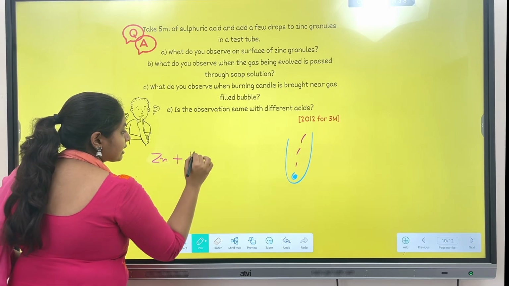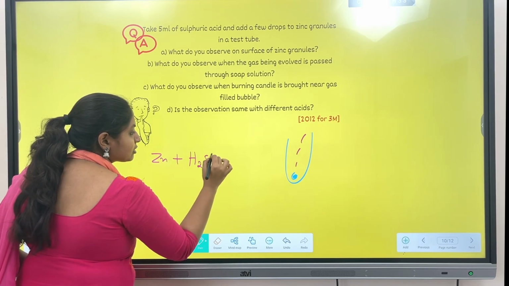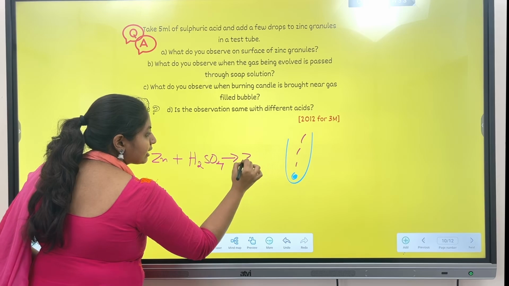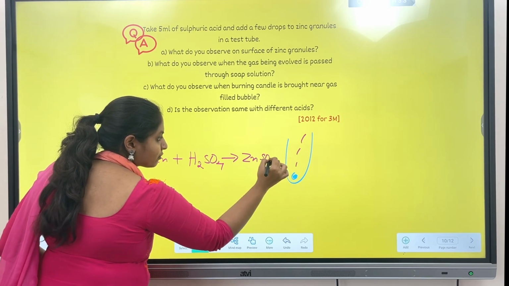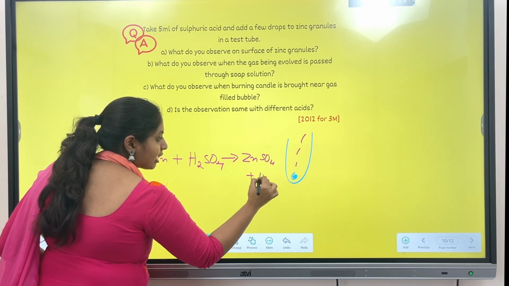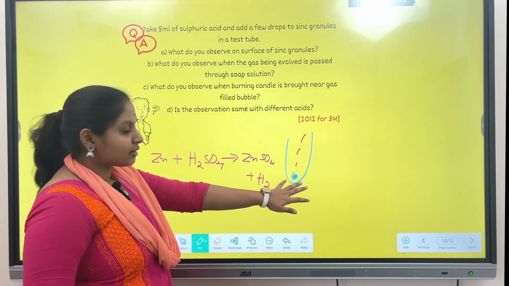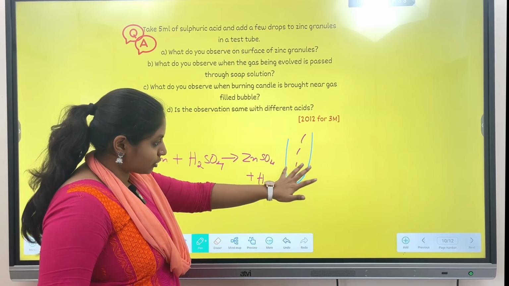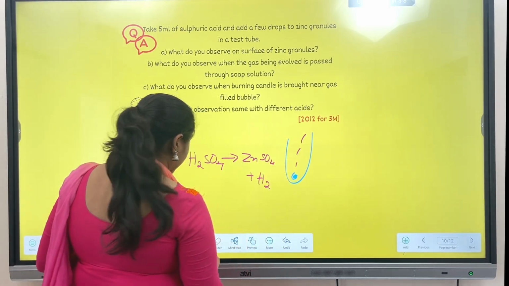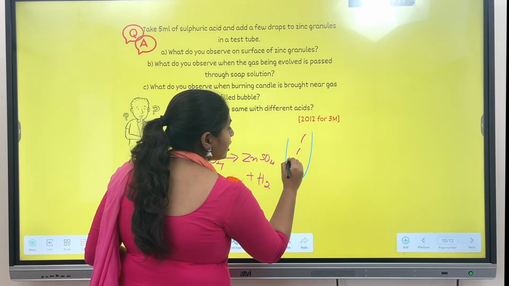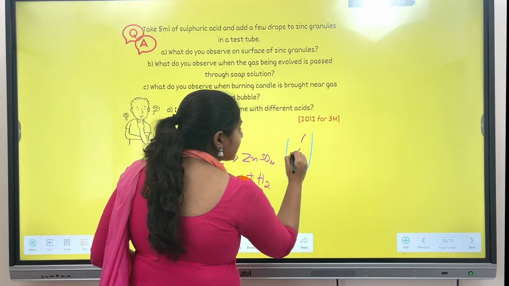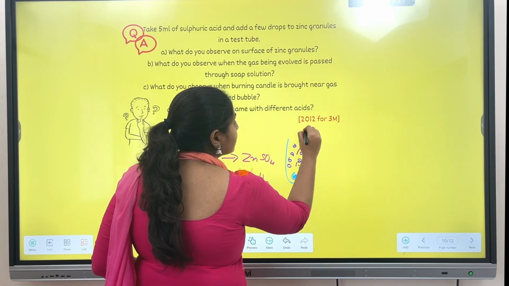Zinc reacts with H2SO4. We will get a salt ZnSO4 plus hydrogen gas. So here also, when acid is added to zinc, we are going to get effervescence, that is hydrogen bubbles. These hydrogen bubbles are going to evolve.